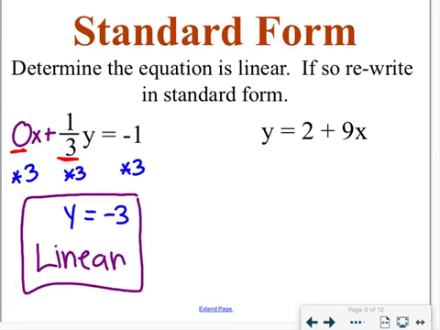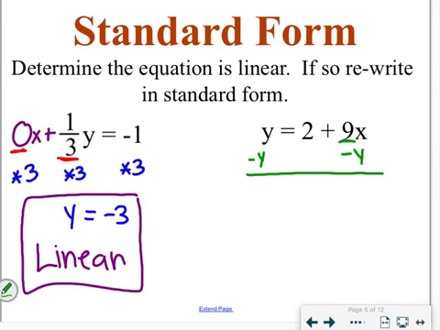Second one, we have y is equal to 2x plus 9. First of all, you might notice that the y and the x are on different sides of the equal sign. In order to put it in standard form, we need them to be on the same side. Since we want our a value, or the number in front of x, to stay positive, I'm going to leave that 9x alone and move the y to the other side.